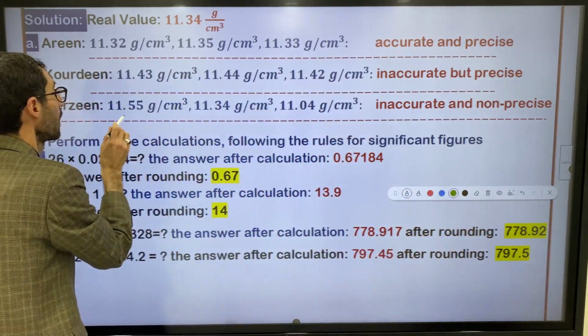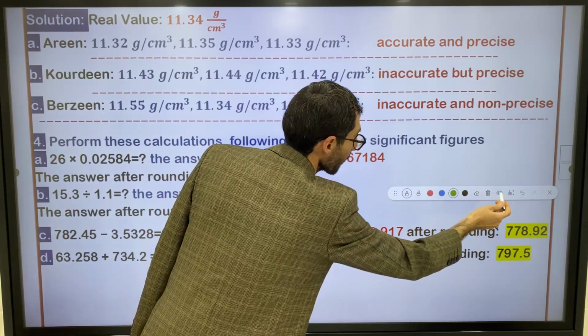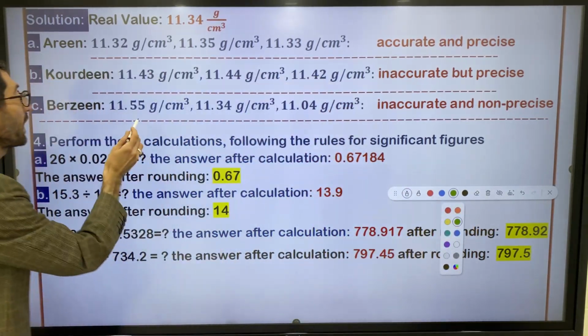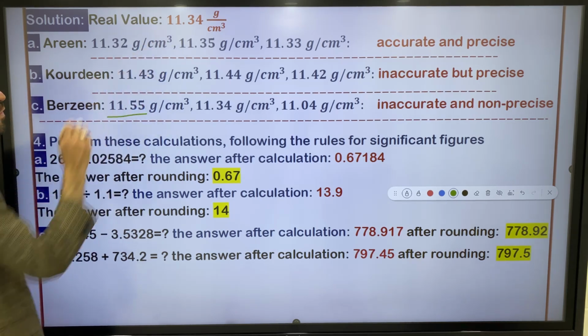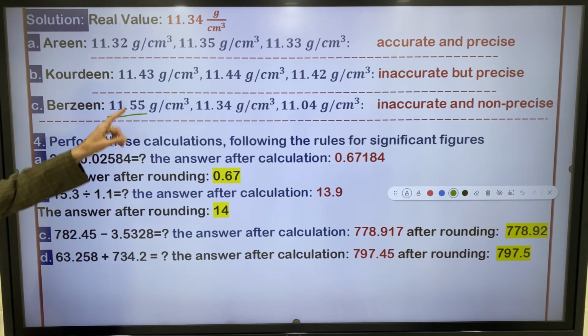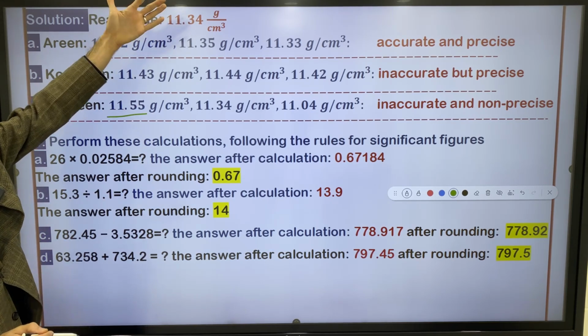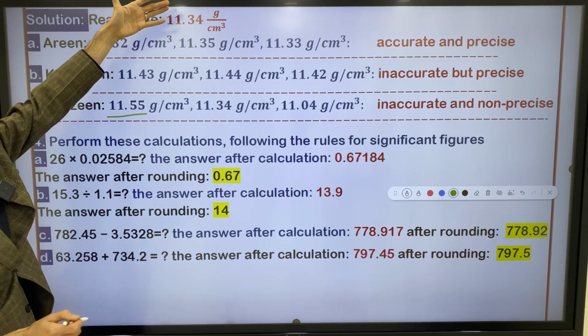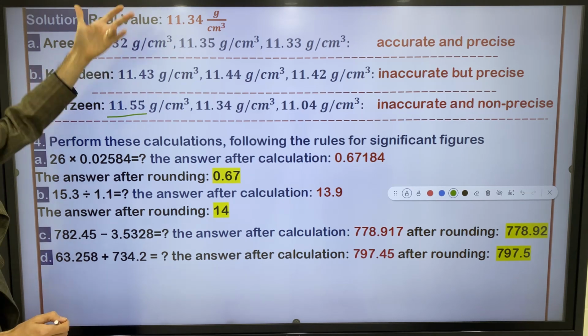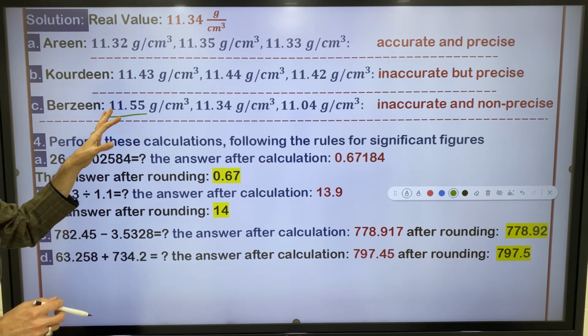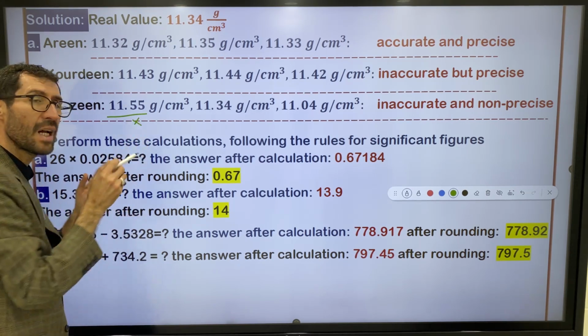I have to compare the reading with the true value. 11.55 is away from the true value. That's why till now it's inaccurate.